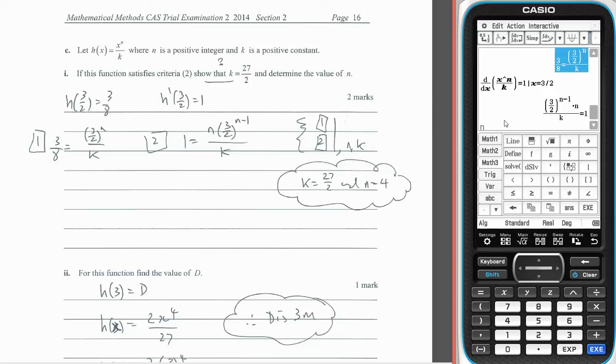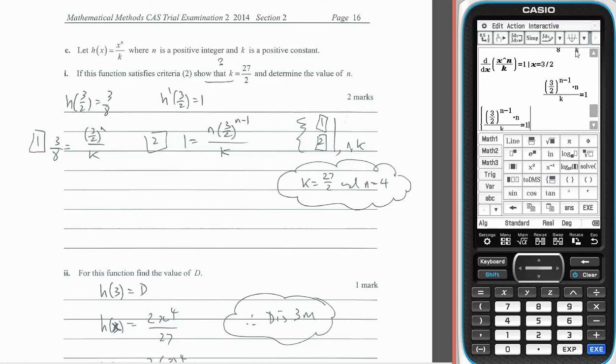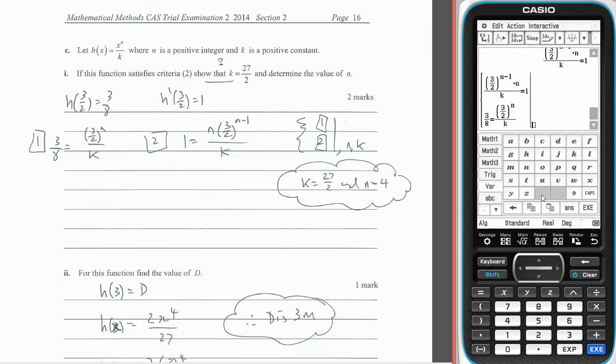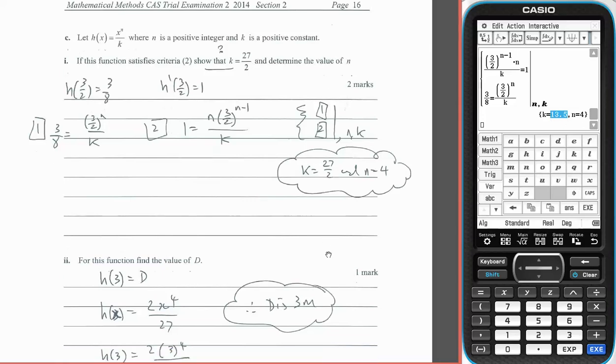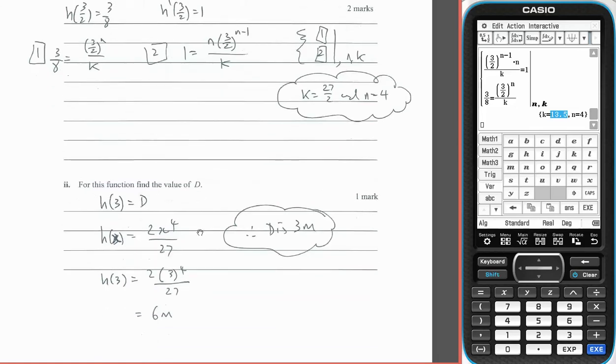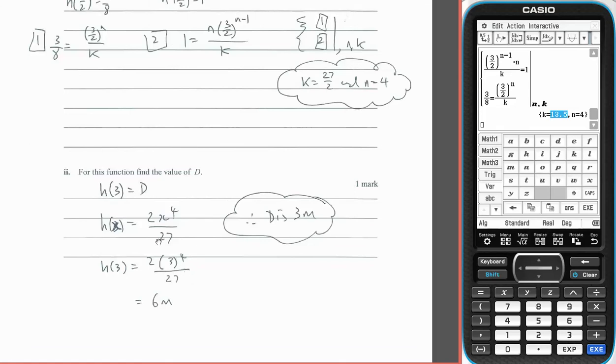I've got that one, so I can open up simultaneous equations, put those in, and solve it for n and k. And I'm told that k equals 13.5, which is 27 on 2, and n equals 4. For this function, find the value of d. D is the height at h of 3, so substituting 3 in, I get 6.